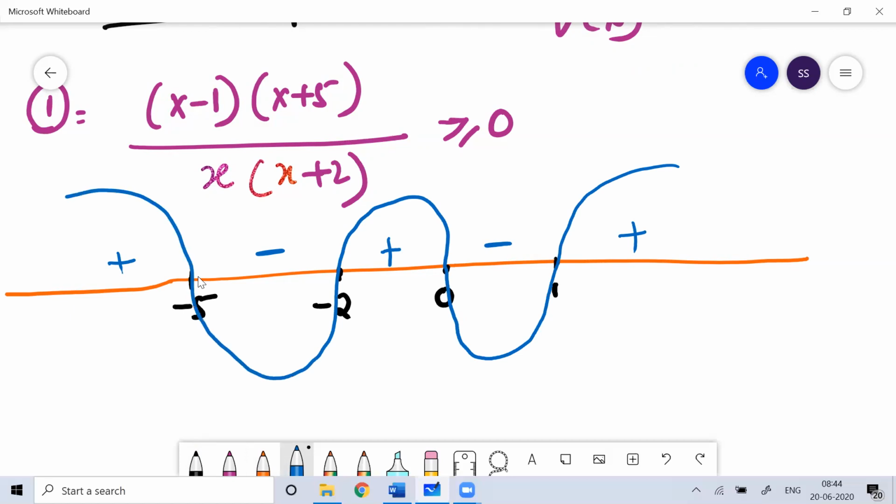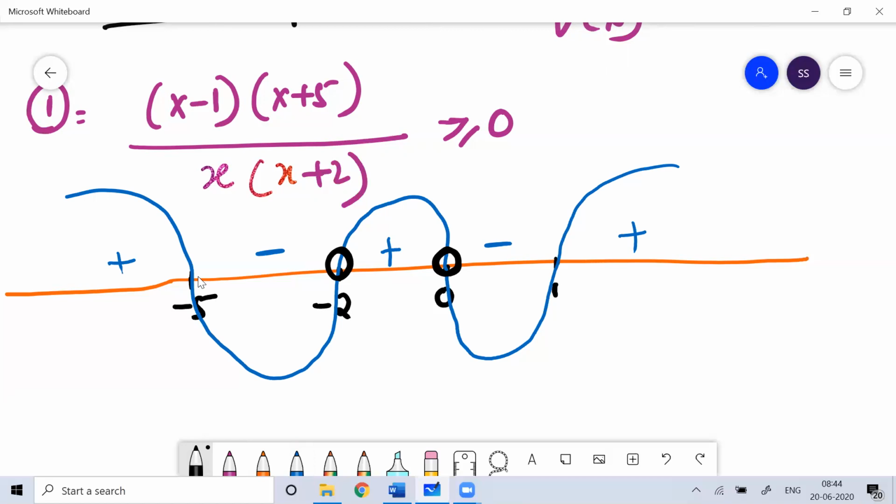Now which values will be acceptable? In the denominator you cannot have 0. So this value cannot be acceptable, neither this value, because your denominator cannot be 0. If x becomes 0, your denominator will become 0, and any number divided by 0 is not acceptable.